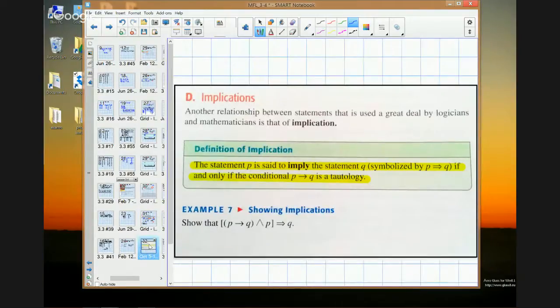By the way, this is the book saying what I just told you. You see what I've highlighted in yellow? The statement P is said to imply the statement Q if and only if P then Q is a tautology. So if it doesn't turn out to a tautology, we don't have any implications. Okay, so I guess we need to do one to see.